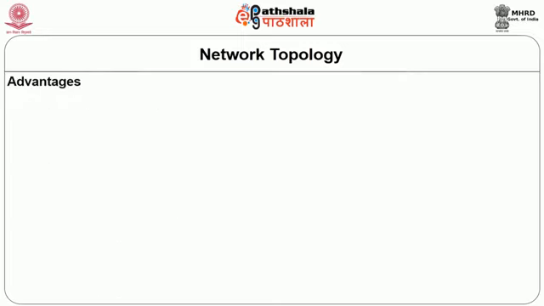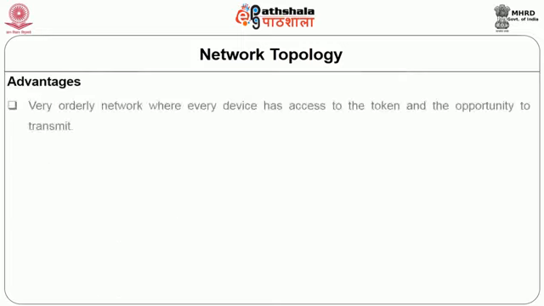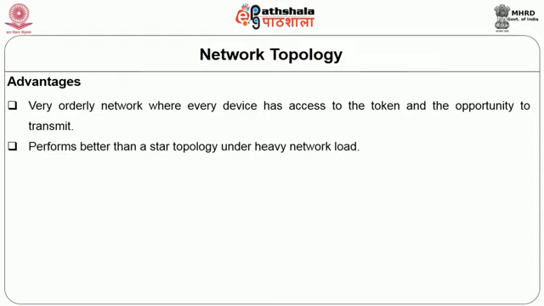The advantages of ring topology are: it is a very orderly network where every device has access to the token and the opportunity to transmit. Performs better than a star topology under heavy network load.